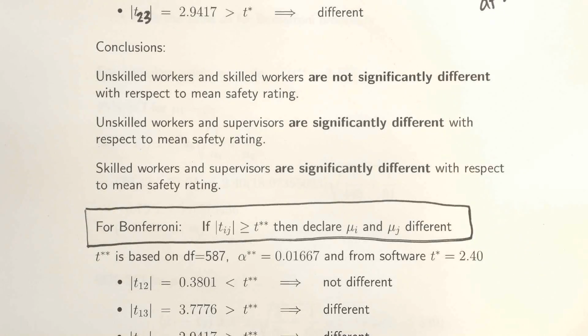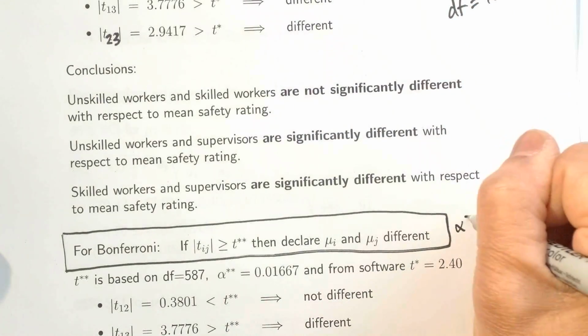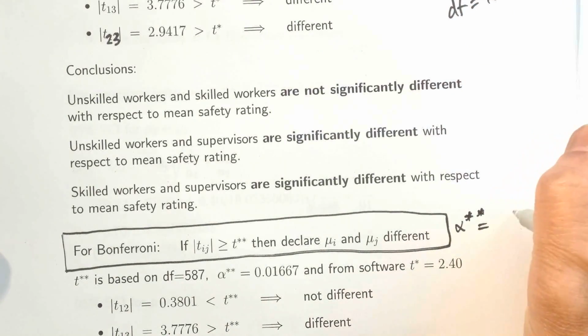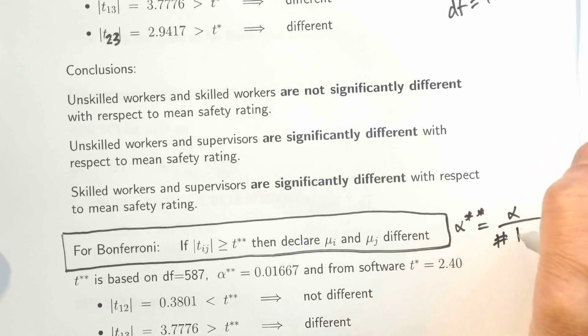So as a family, I want it to be 0.05, but on the individual level, I'm going to partition that 0.05 equally across each of those tests. So each test is going to have a more stringent, lower alpha level. So our alpha star star is equal to alpha over the number of tests.